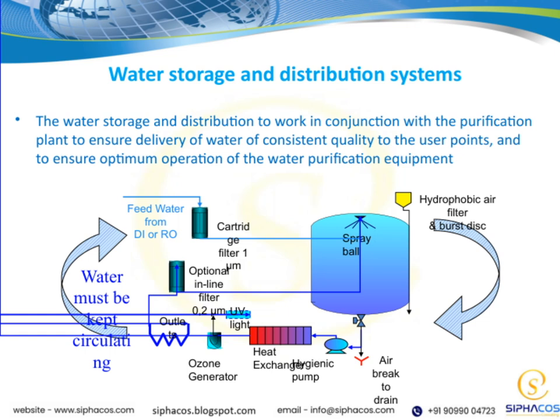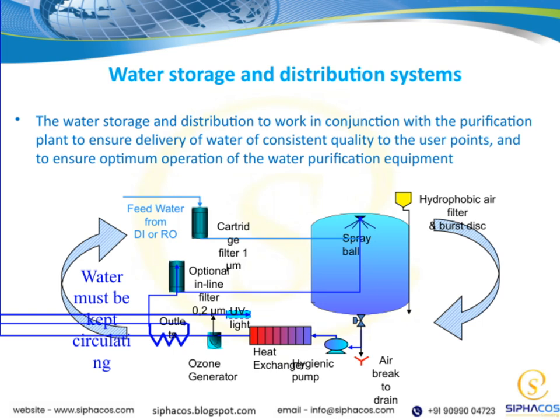The feed water, which can come from DI or RO systems, feeds into the process, ensuring we're starting with high-quality raw water. To further refine the water, we include an optional inline filter with a 0.2 micron pore size, capturing even the tiniest particles. A hygienic pump then moves the water through the system, maintaining cleanliness and preventing contamination.